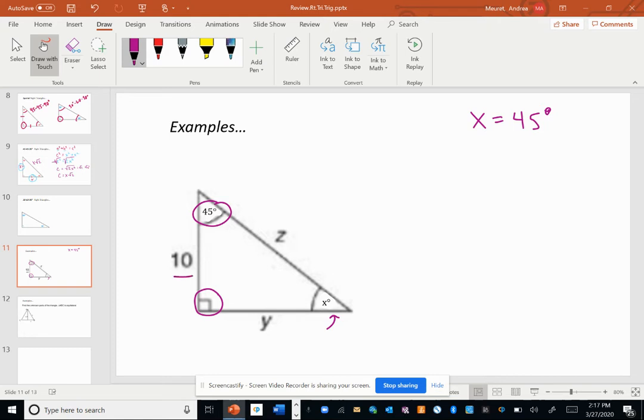So if this truly is a 45, 45, 90 degree triangle, then I don't really need to do much work to find the value of y, because it's going to be the same as the other legs since those are congruent. So y is also equal to 10. And then finally, the side with the z is equal to 10 root 2.